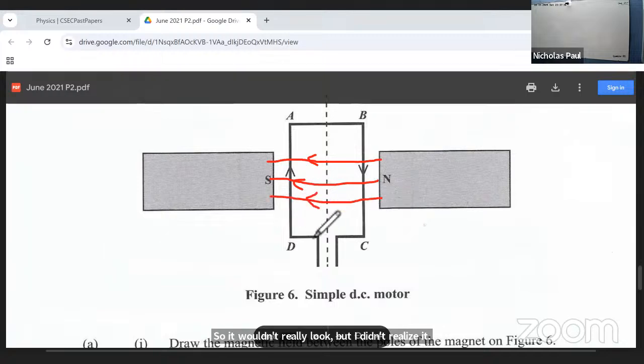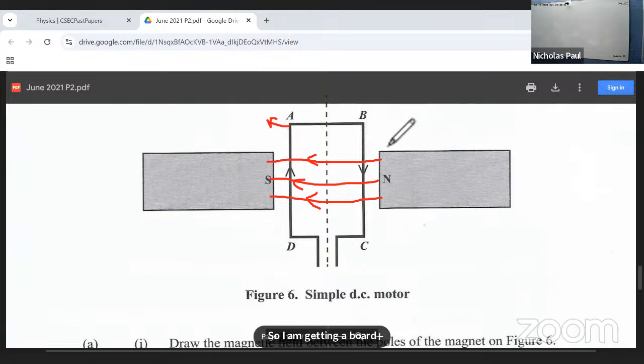Next, apply Fleming's left-hand rule to which side? DA? So left-hand rule, for those online, you can look at the camera. Magnetic field going north to south, current going D to A, so I am getting an upward force at DA.